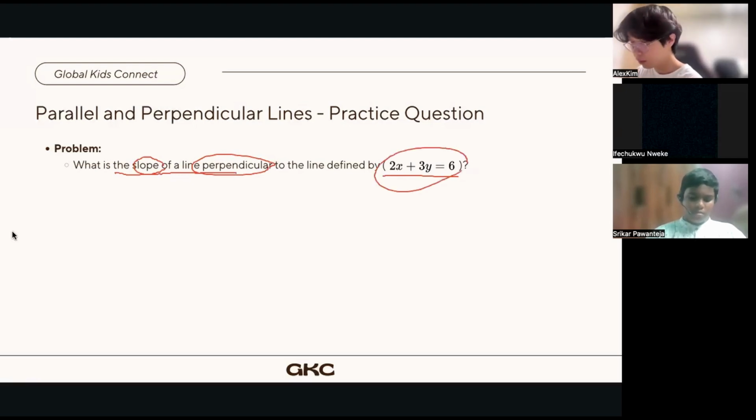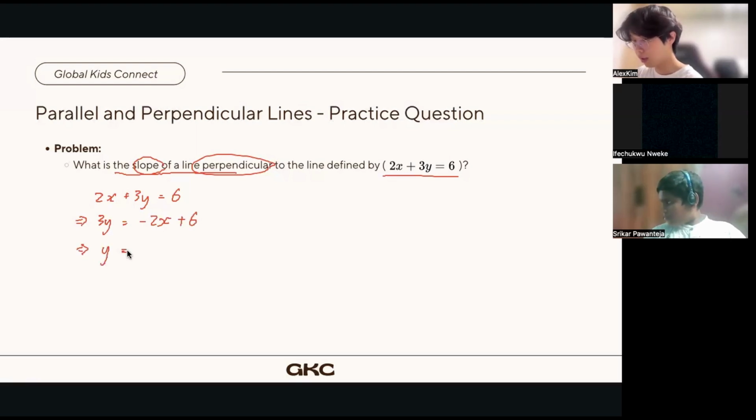If we have a line expressed as 2x plus 3y equals 6, then like we did for linear equations, we can isolate the y variable. We leave the 3y on the left side while moving everything else to the right, so we get negative 2x plus 6. Then we divide by 3 to leave just y on the left side, and get y equals negative 2 over 3 x plus 2.